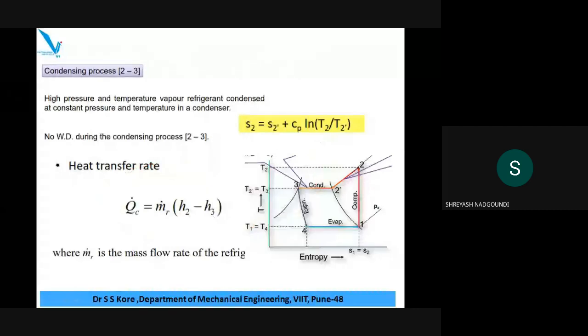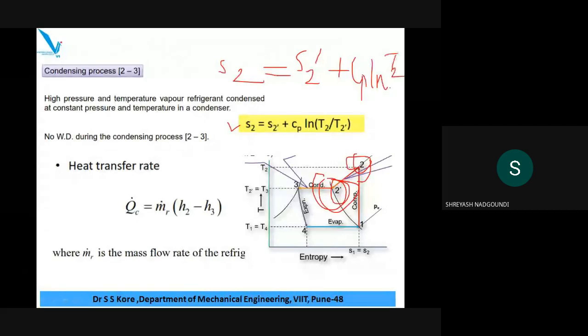Sometimes this T2 dash is not given. Most of the times T2 dash is not given. It is not known. T2 we are knowing, but we require this T2 dash also. So that can be found out by using this formula. S2, the entropy of the superheated vapor, is equal to S2 dash, the entropy of the dry saturated vapor at this point, plus Cp into ln of T2 by T2 dash.